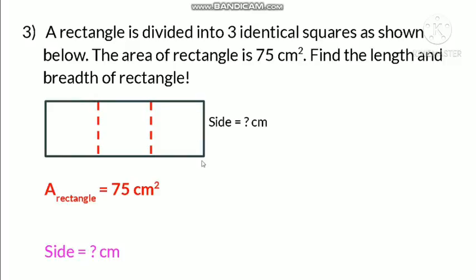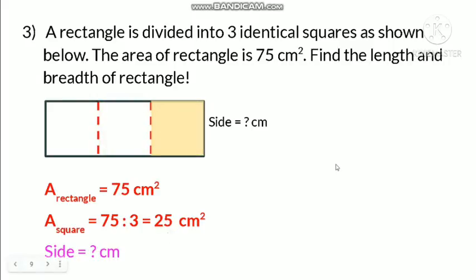We can find the side of each square by using the area of square. How much is the area of each square? We can calculate from the area of rectangle. There are 3 squares here, so the area of the square equals 75 divided by 3, and it is equal to 25 square centimeters. Because there are 1, 2, 3 squares here.